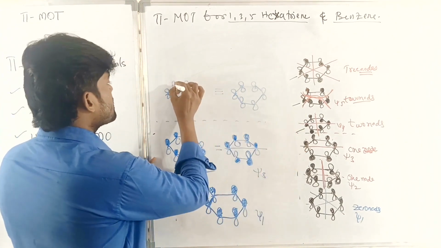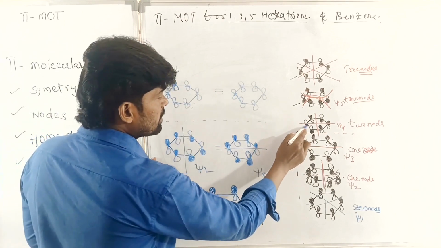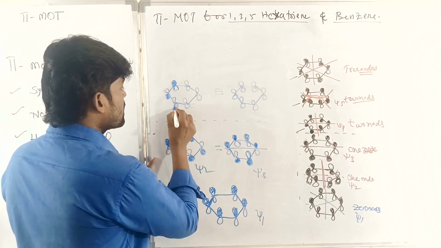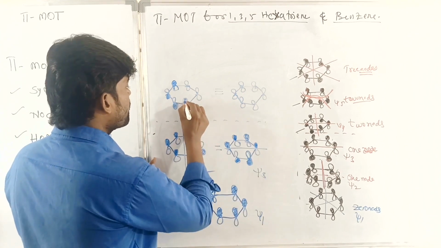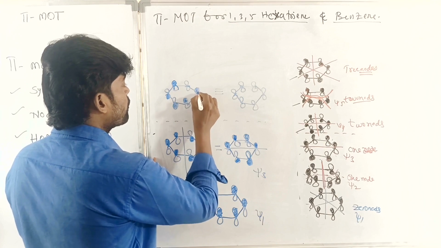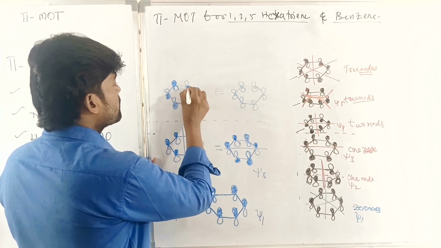Psi 4: C1 upside, C2 downside, C3 downside, C4 upside, C5 upside, C6 downside.